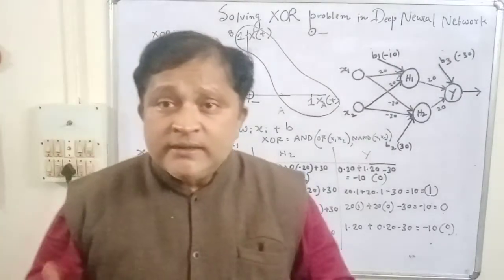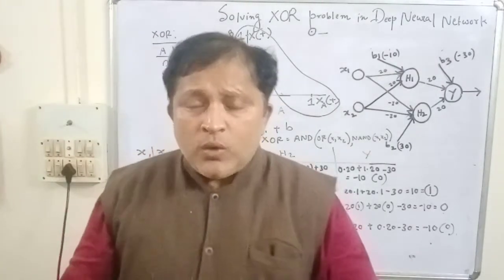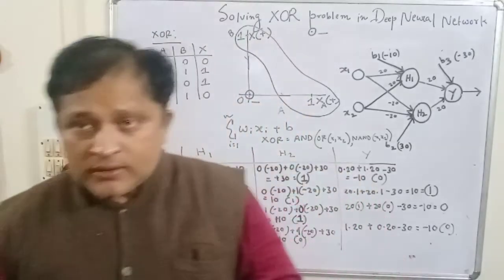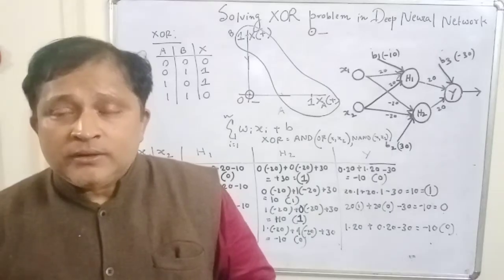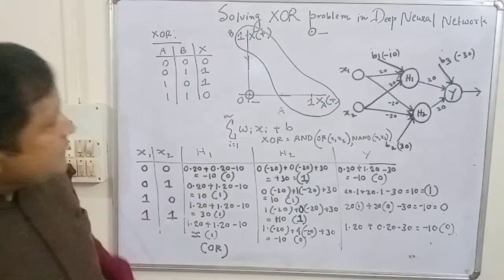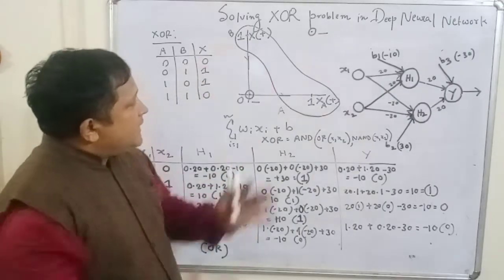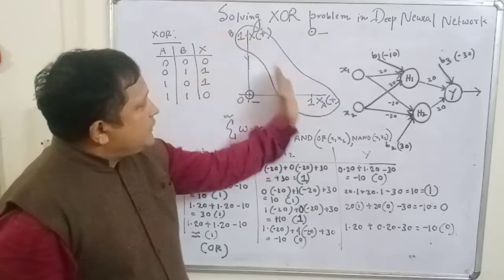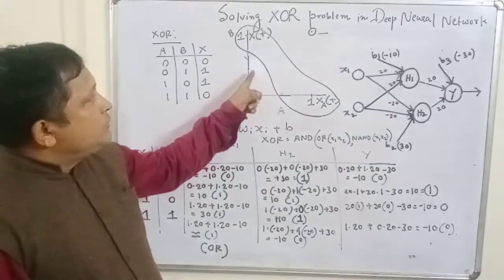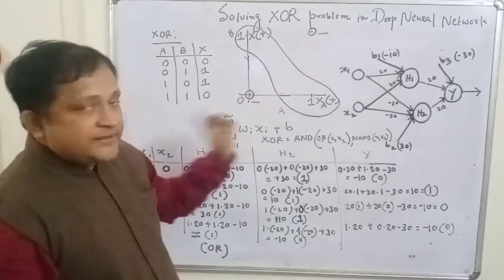Now, it is linearly non-separable. Why is it considered that no linear separator can solve this problem? Because imagine any line on this particular plane; it cannot linearly separate these points.